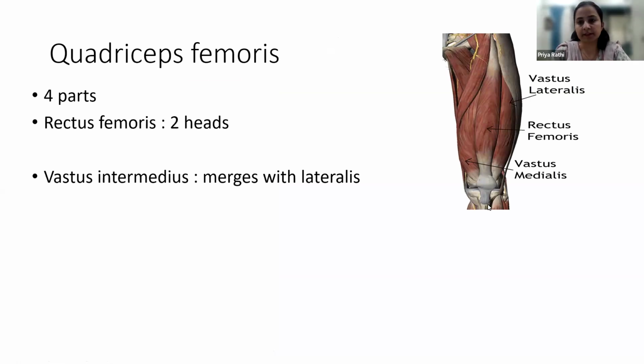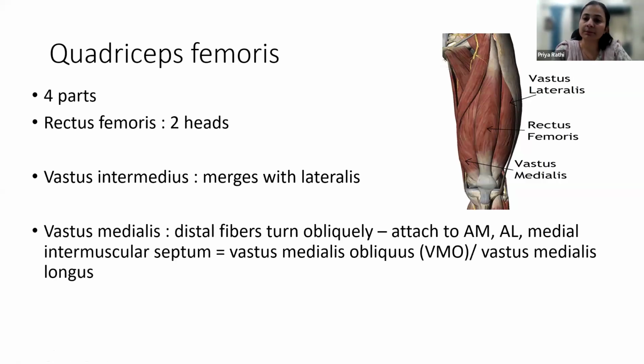There is vastus intermedius below this rectus femoris, and it arises from the femur and inserts on the patella. Vastus intermedius has anatomical connections to vastus lateralis. Vastus medialis originates again from the femur, and the distal fibers of vastus medialis turn obliquely and have anatomical attachments to adductor magnus, adductor longus, and medial intermuscular septum.